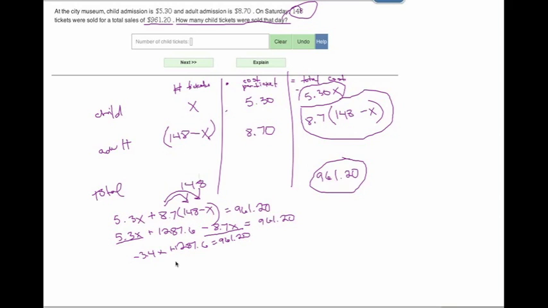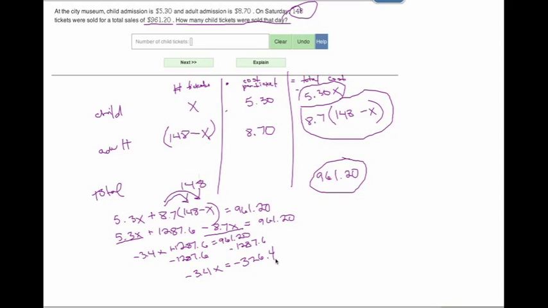Now we're going to subtract 1287.6 from both sides. So 961.20 minus 1287.6 equals negative 326.4. So negative 3.4x equals negative 326.4.